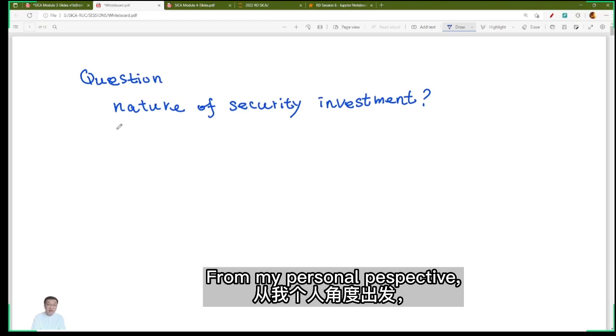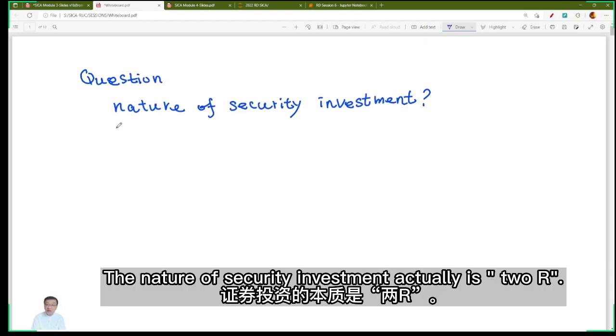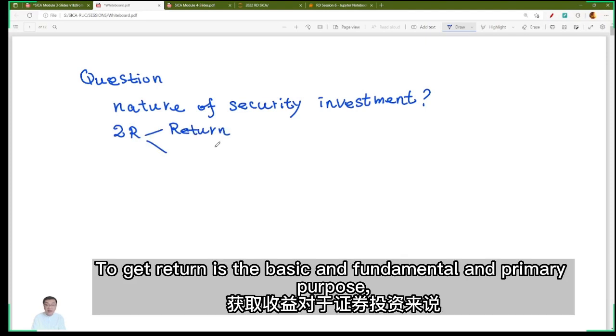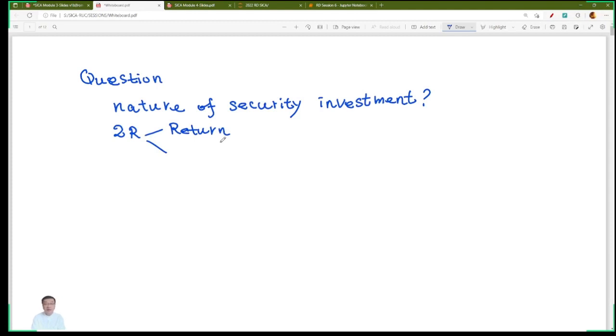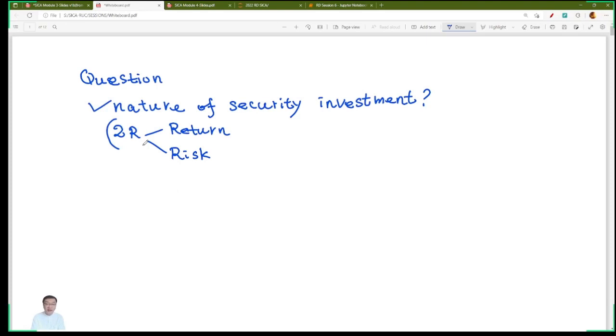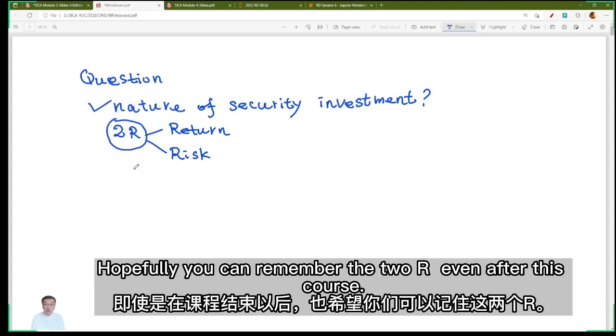From my personal perspective, the nature of security investment actually is 2R. The first R is return. To get return is the basic and fundamental and primary purpose for security investment. Another nature is risk. This is the nature of security investment, the 2R. Hopefully you can remember the 2R even after this course.